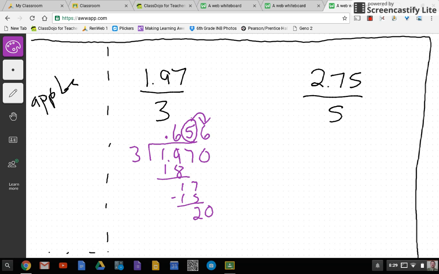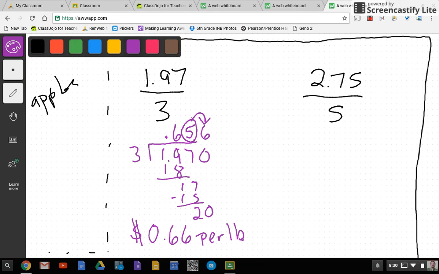The 6 is telling me to go up. So the unit rate of this is 66 cents per pound. That is my unit rate. And again, pound is abbreviated LB because it's libres. Okay. So that is 66 cents per pound. That is my unit rate for the first one.